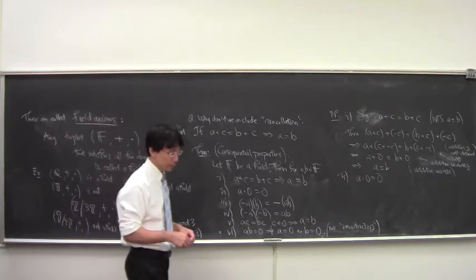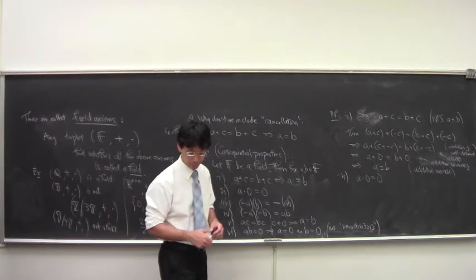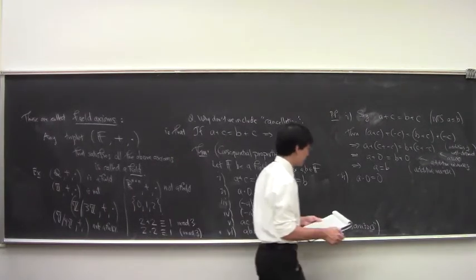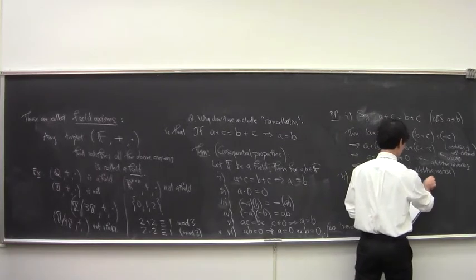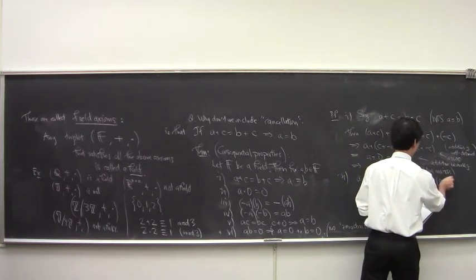I think there are a couple ways to do it. Let me just write down the beginning of the way they have in the book. They say, well, look, A times 0 is the same thing as A times 0 plus 0.